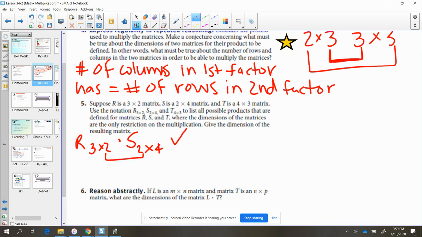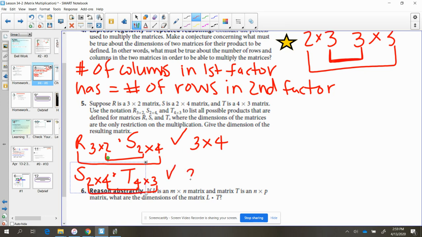These match, so this is possible, and its result is going to be a 3 by 4 matrix. Another possibility that works out is S times T, because S is a 2 by 4 matrix and T is a 4 by 3 matrix. These inner pieces match. The outer pieces tell us how big our product matrix will be. It's going to be a 2 by 3.